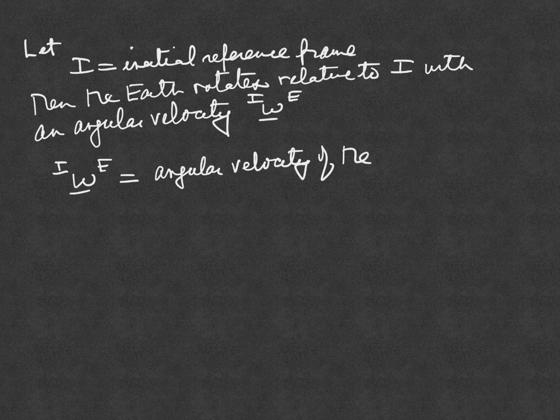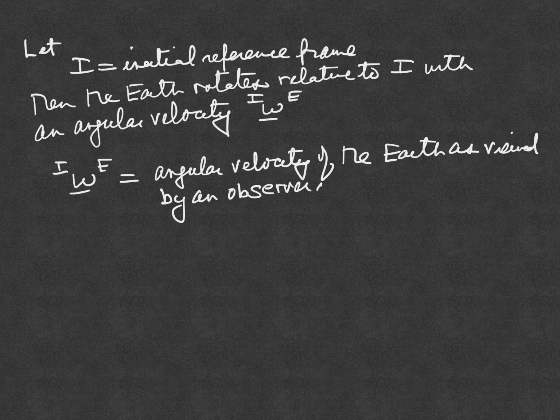So in other words, omega EI is the angular velocity of the Earth as viewed by an observer in the inertial reference frame I. And you can see that the angular velocity is about the axis EZ.